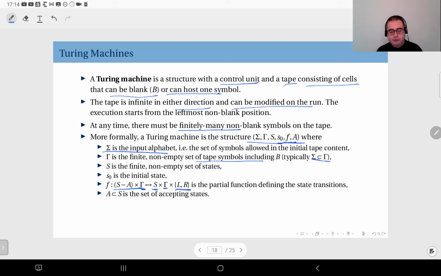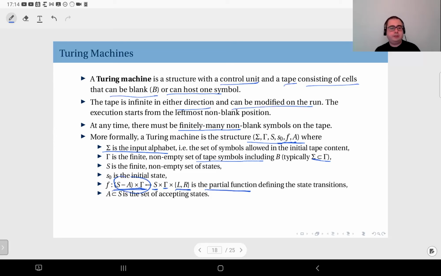This is, in general, a partial function defining state transitions. And if you remember what a partial function is, it's essentially a function, but from a subset of the domain to the codomain. So for some of the possible inputs to this function, we may not have an output.